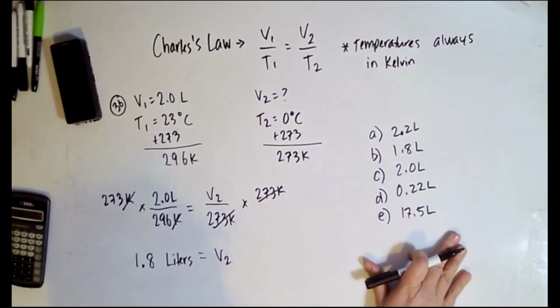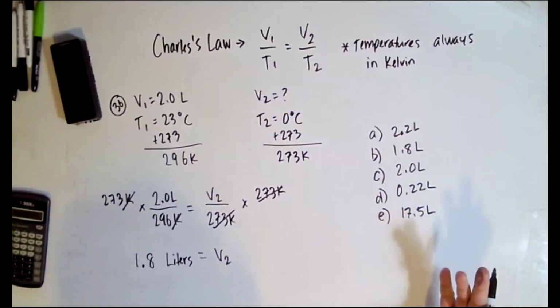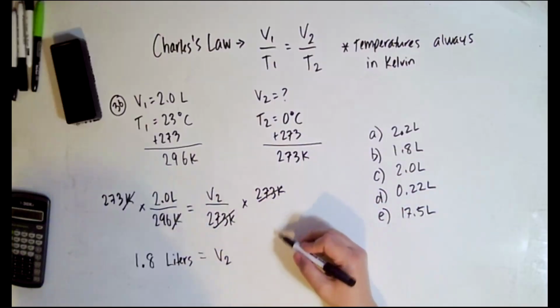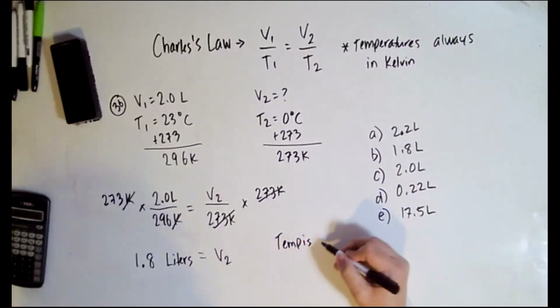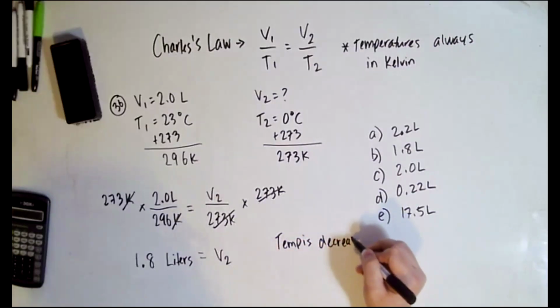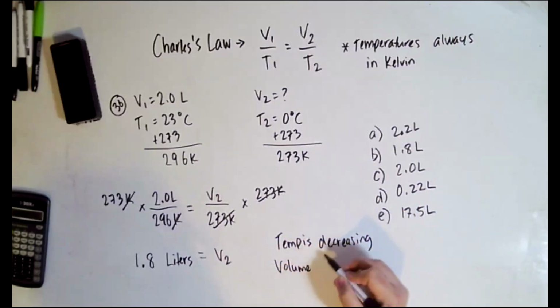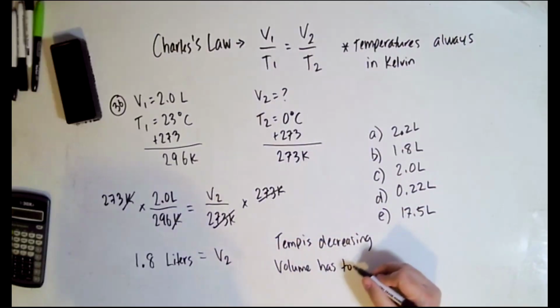Okay, those were the answer choices that we were provided with. We know that the temperature is decreasing. And because the temperature is decreasing, the volume has to decrease as well because our pressure is constant.